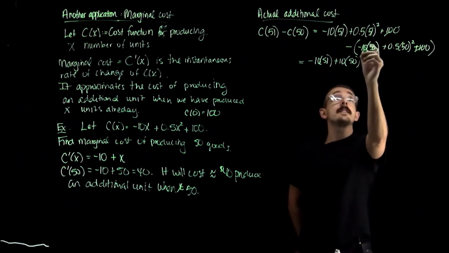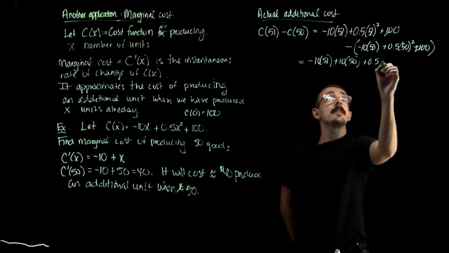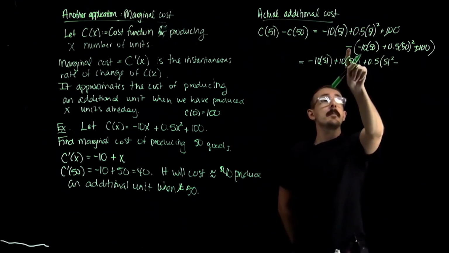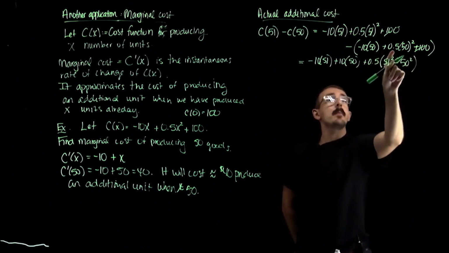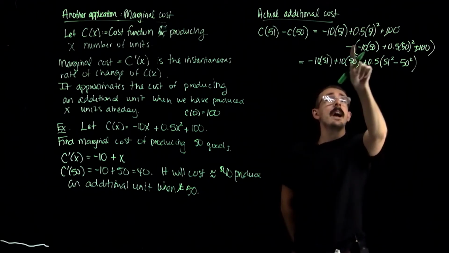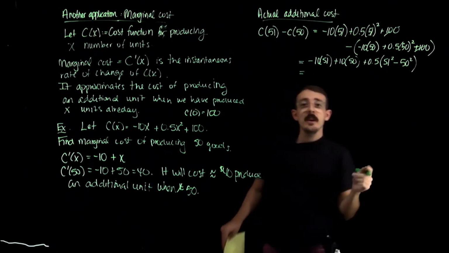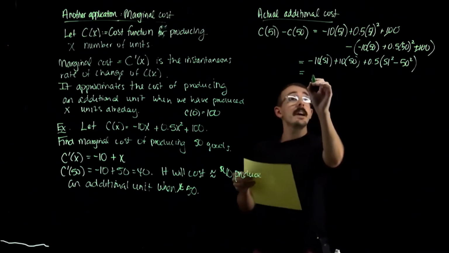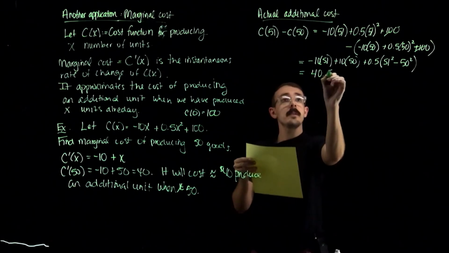And then I have these other two terms, 0.5 times 51 squared, and minus 0.5 times 50 squared. I have 0.5 in front of both of them, so I can factor it out. And I have 51 squared minus 50 squared. So if you go through all this calculation, you're going to get that this is equal to $40.5.